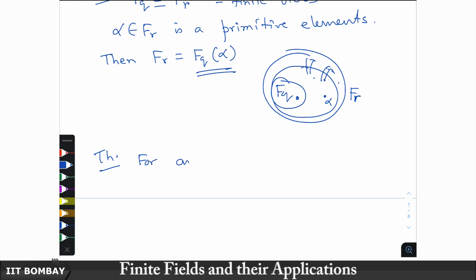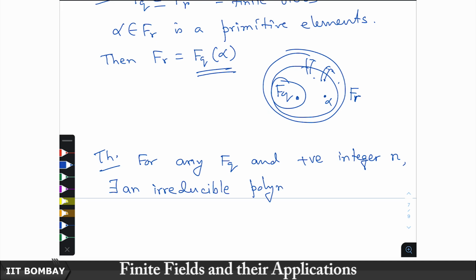So, for any finite field F q, where q of course must be a prime power, and any positive integer n, there exists an irreducible polynomial over F q of degree n.